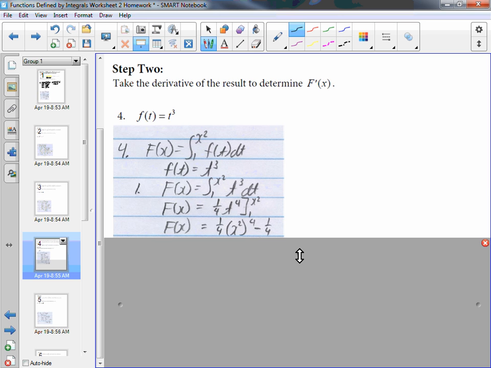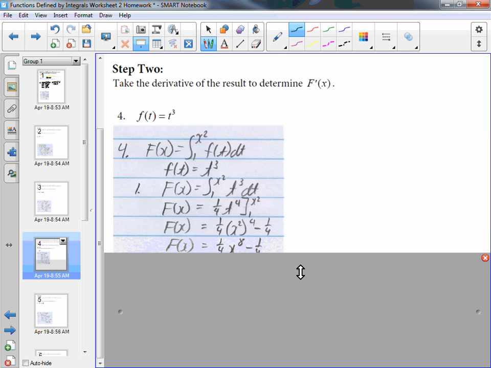Capital F of x equals 1/4 times x squared to the 4th, minus, then let's evaluate for 1, which will be 1/4 times 1 to the 4th. 1/4 times 1 is 1/4. And x squared to the 4th, what's a better version of that? Yeah, x to the 8th. So we got capital F of x equals 1/4 x to the 8th minus 1/4.